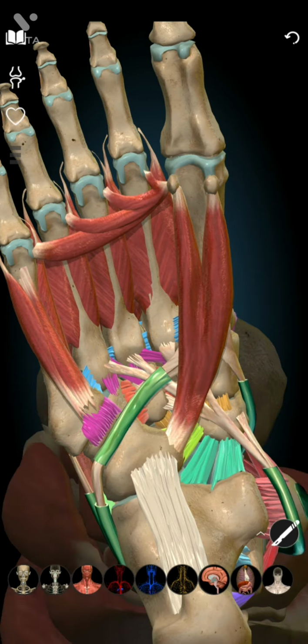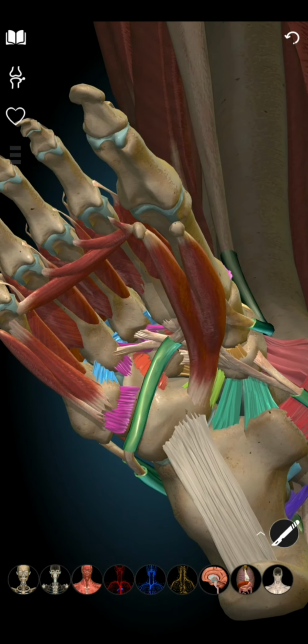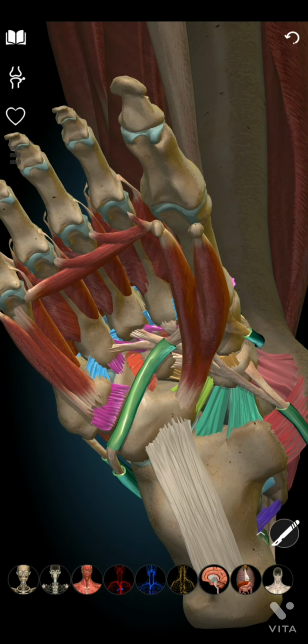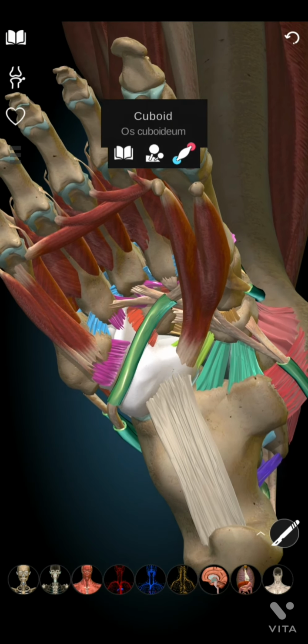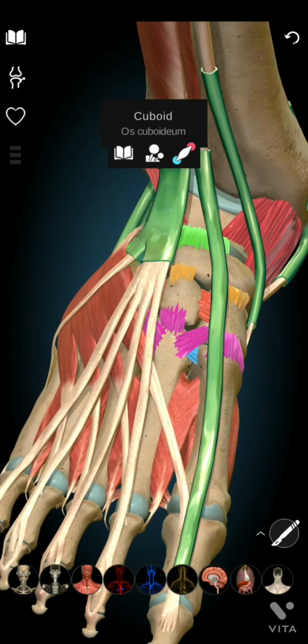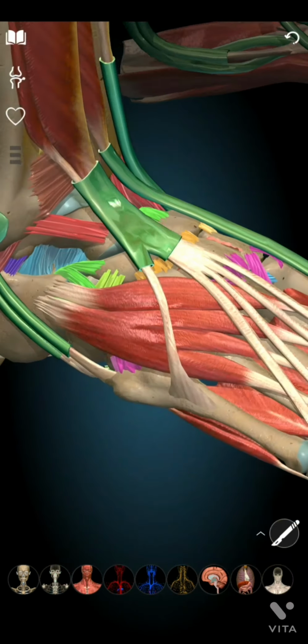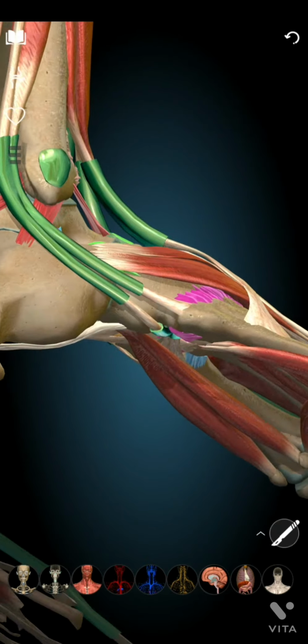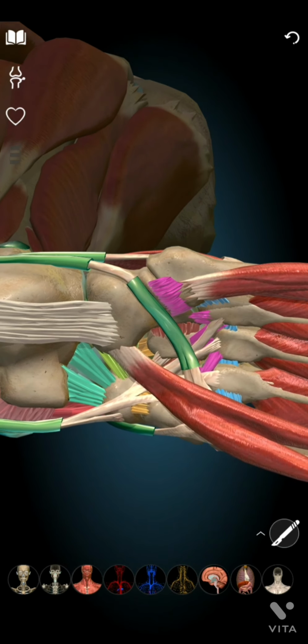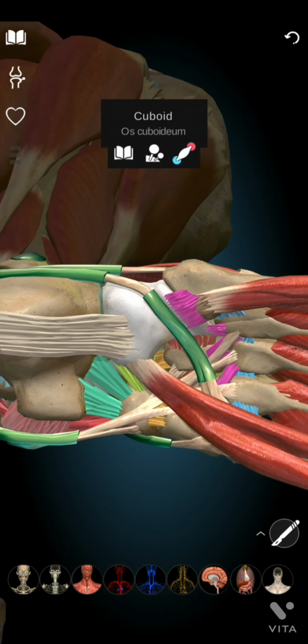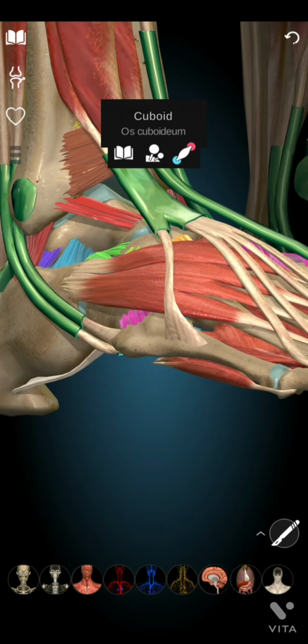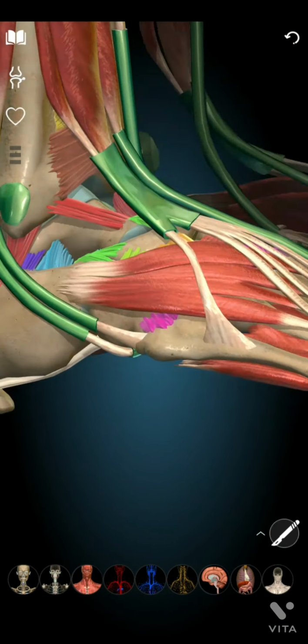If we clearly observe, what is the bone present in front of the calcaneum, below? Keenly observe this. In front of the calcaneum and below, it's not the navicular, don't get confused, and it's not the talus.